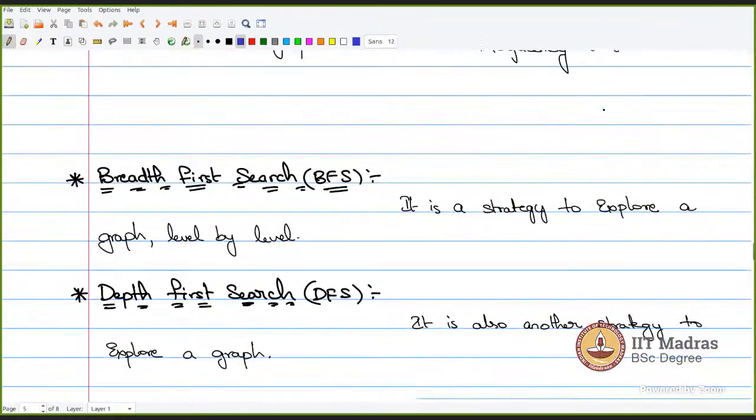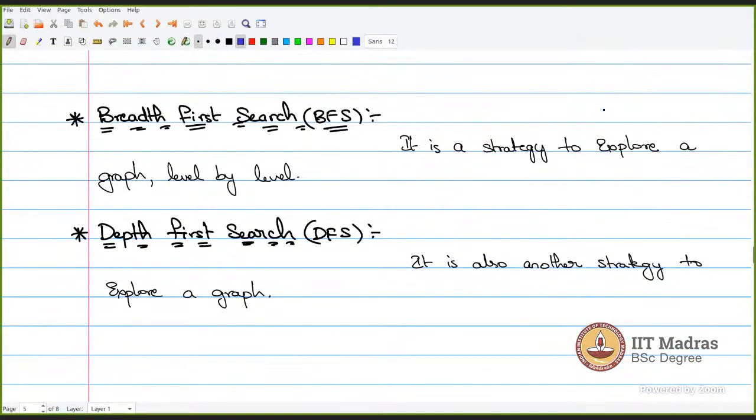Now let us see what is BFS and DFS. So BFS and DFS both are strategies to explore the graph. If you want to explore the given graph starting from one vertex, either we use BFS or DFS depending upon the situation we are in and the strategy which we want to apply.